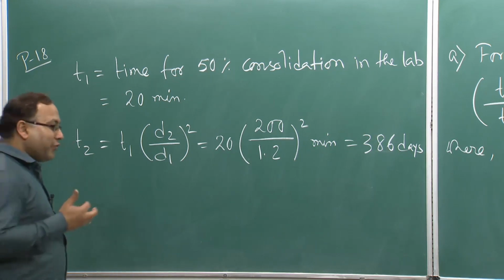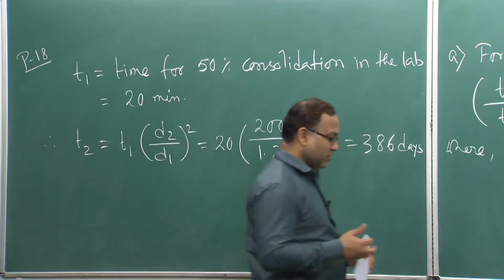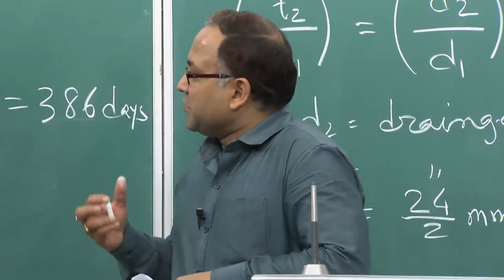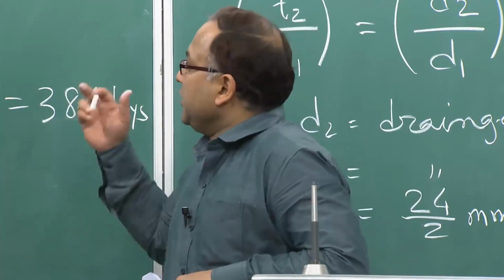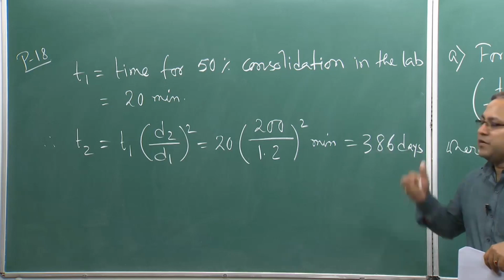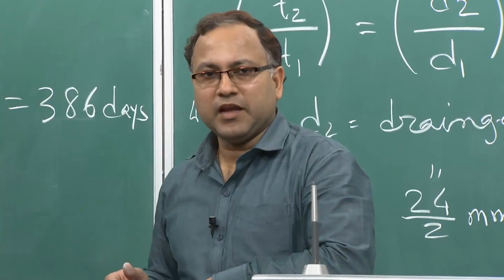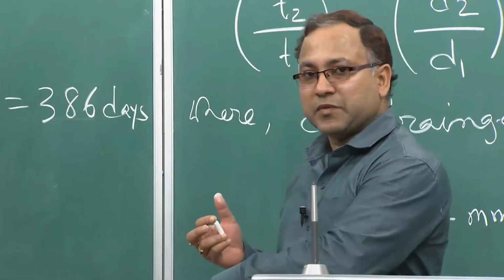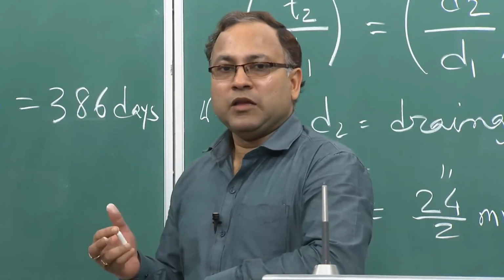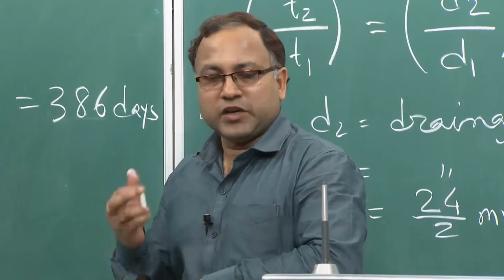So, now you can really appreciate the material that you have tested in the laboratory, that took only 20 minutes to consolidate for 50% consolidation, right. So, the degree of consolidation was 50%. For getting 50% consolidation you took 20 minutes in the laboratory specimen.